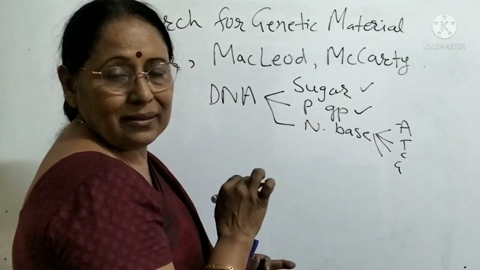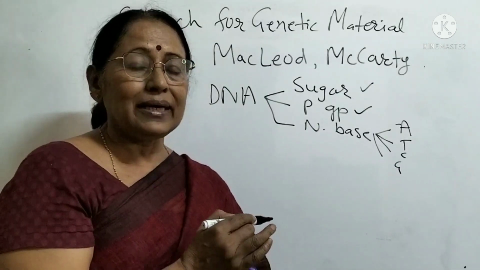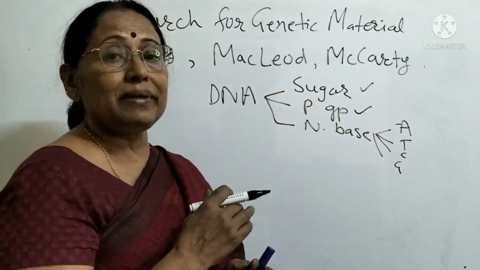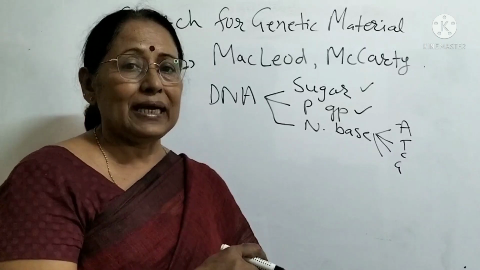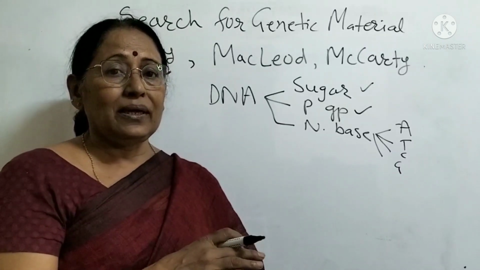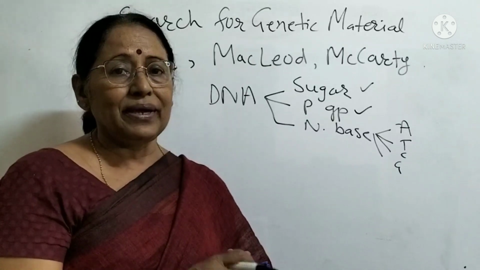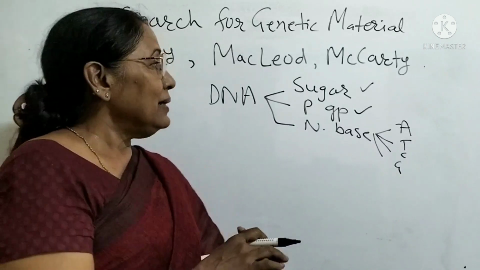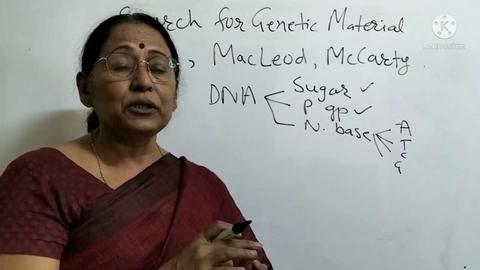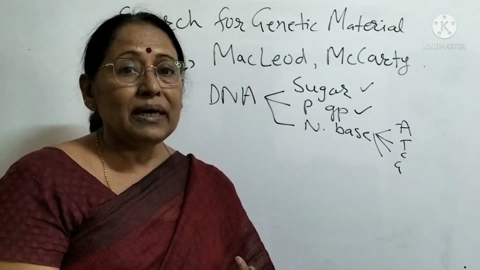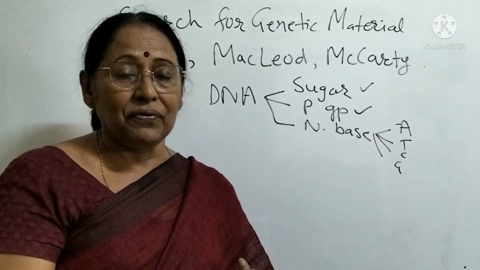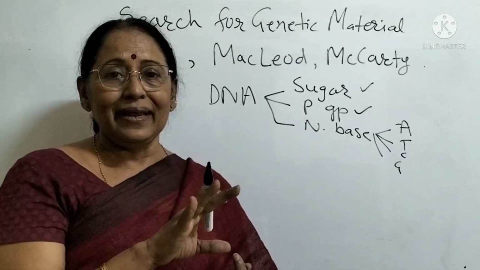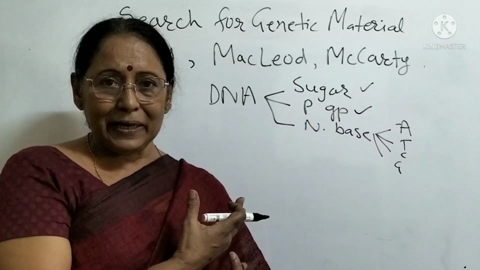So it was logical thinking that a molecule varying in only 4 nitrogen bases cannot control so many different characters, whereas the many different types of proteins were naturally thought to be the genetic material. Little did they know that yes, proteins carry out the work, but the information, how the proteins are to be formed and what work they are going to do, this whole information is there in the DNA.